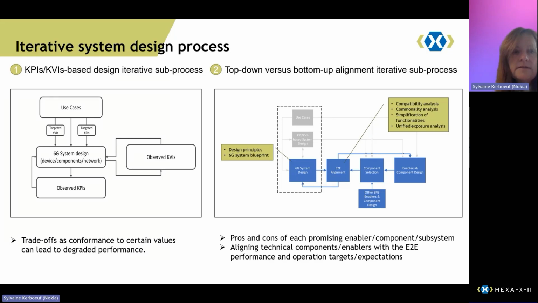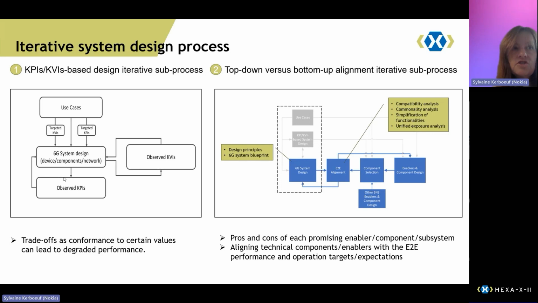The first one is called a KPI and KVI based iterative sub-process. We start from the use cases to the target KPIs and KVIs, and then we elaborate the system design to consider what are the functionalities and what are the components to integrate for fitting the needs of those use cases. Then we evaluate the design through system-level POC and emulation-based approaches, in order to estimate or observe what are the KPIs and KVIs, and then we can feed back for iteratively improving the 6G system design.